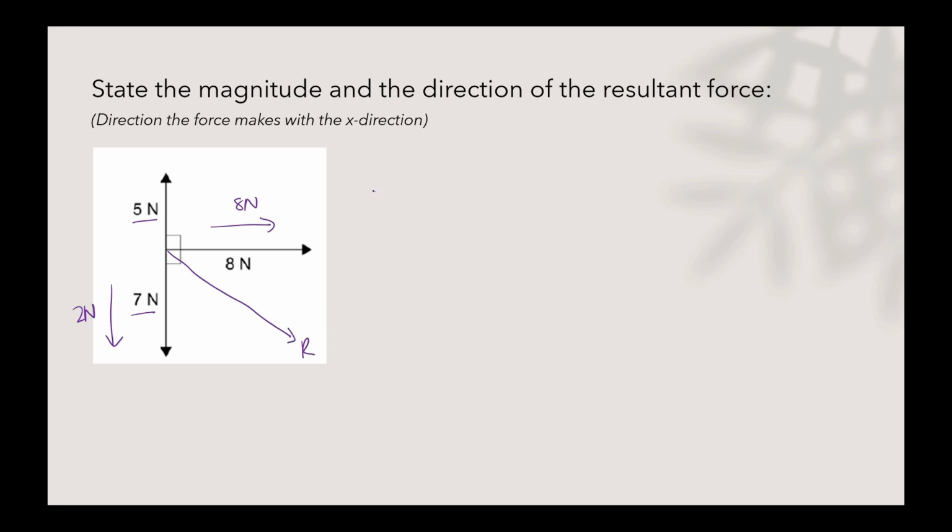So if I was to draw a triangle, we're looking at this, where this is R and we've got our horizontal motions there. Now what I need to do to find the magnitude is to work out the distance. So the magnitude is equal to the distance, in which we've got 8 across and we've got 2 down, and we want to work out what x is.